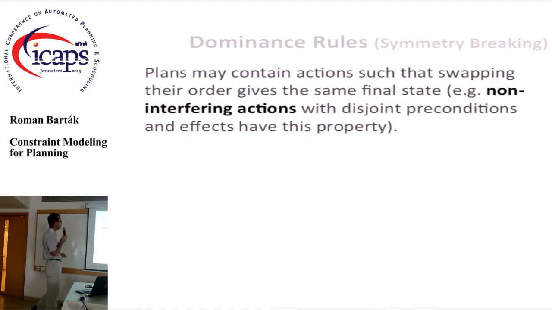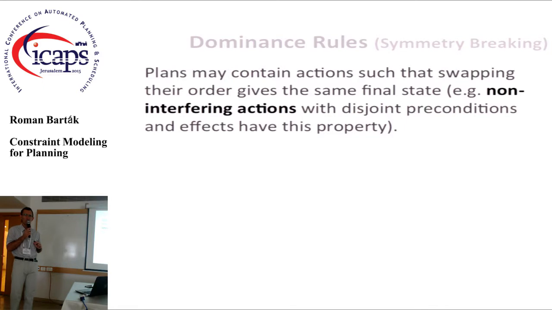The second improvement was based on the idea that if we have two actions that are not interfering, and we swap the position of these actions in the plan, we obtain exactly the same plan. But in CSP, we need to explore both of these plans during search because they are good candidates. So the idea is that if we have non-interfering actions, they should be processed in a specific order. It's somewhat similar to what's known as exist-step semantics in parallel planning.